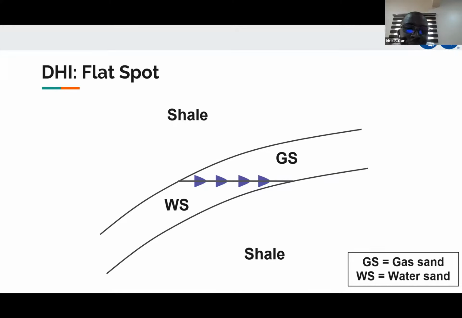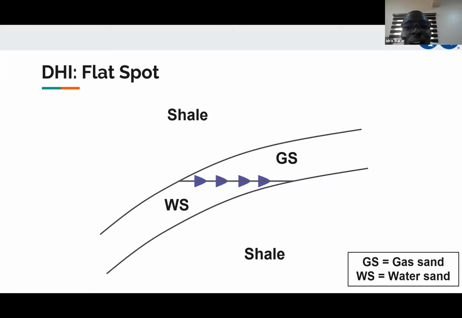When you're using seismic for an exploration exercise, you would use it to do some basic volumetrics, right?